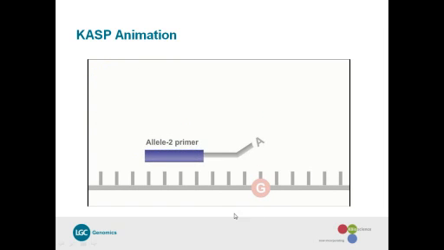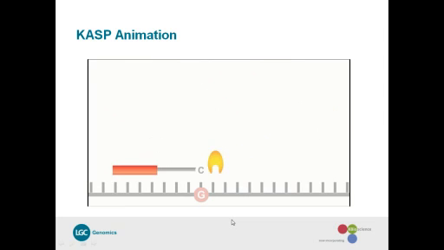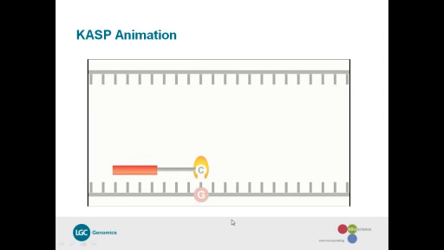So the allele 2 primer comes down, but because it has an A at the very end, the terminus, it can't elongate. The Taq polymerase comes down, but it won't elongate. When the allele 1 primer comes in, it has the correct nucleotide at the terminus, the C. Because it does, when the Taq polymerase comes down, it will elongate.